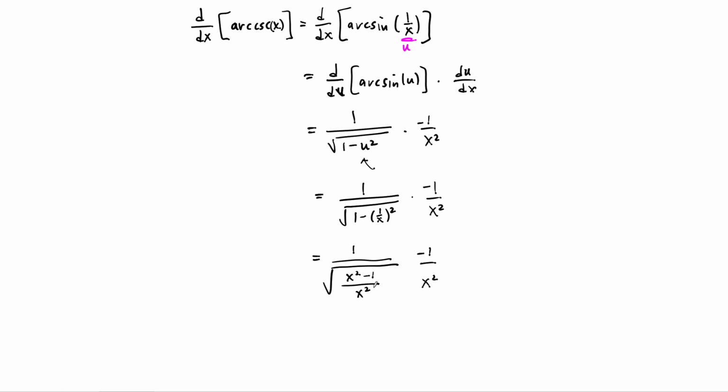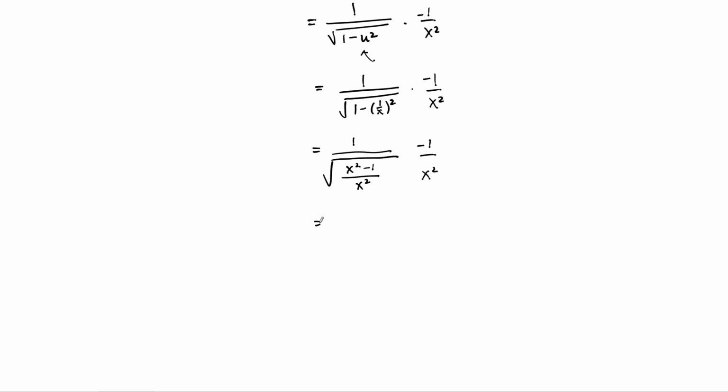And by the way, it's a reciprocal, so this simplifies to absolute value of x over the square root of x squared minus 1, times negative 1 over x squared. Now we want to cancel these two. We have the absolute value of x and an x squared term, so when these cancel, this just leaves behind a single x, and then we've got a minus sign here.